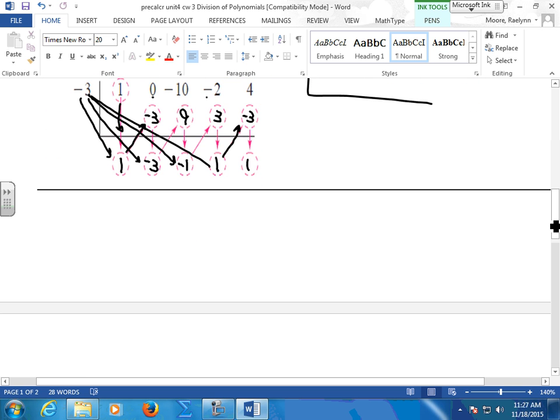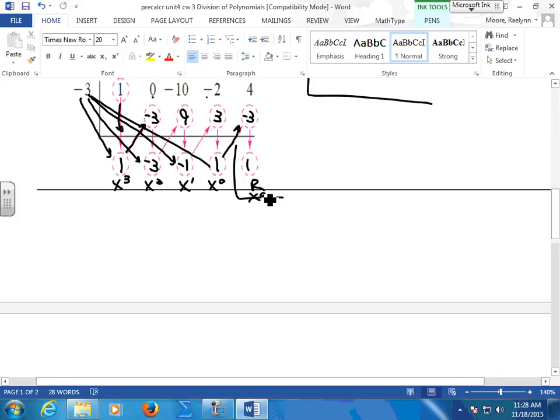I say x3, x2, x1, x0. Can I go any further down than 0? Nope. Then this is my remainder. It's going to start backwards at x0.